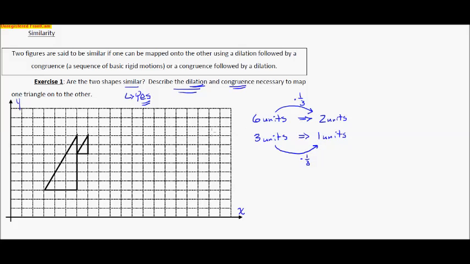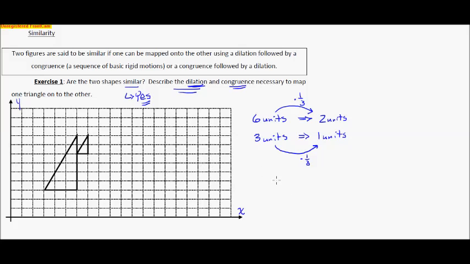So it looks like there's a possibility that there is a dilation that I could do to change this big triangle into this small triangle. Now I could do it the other way. I could start with the small triangle and change it into the big triangle. That'd be maybe a little easier. That'd be multiplying by 3. If I started with 2, I can multiply by 3 and get to 6. But either way is fine. So it looks like there definitely is a dilation that will change these triangles to be the same size.